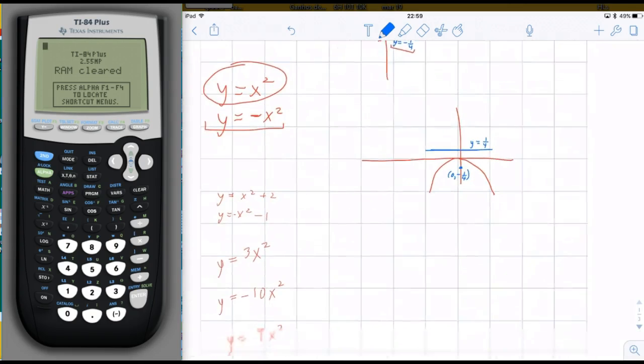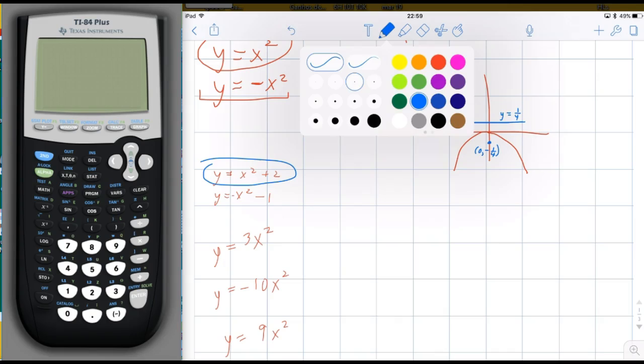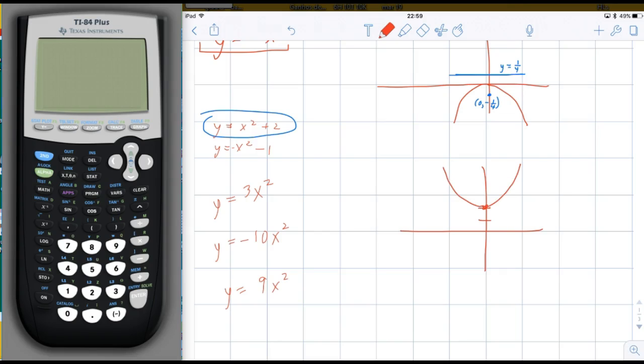All right? Okay, let's take another one that is not quite so easy. y equals x squared plus 2. Okay, so in this case what we have is the parent function, but it is translated up 2 units. So instead of crossing at 0, 0, the function crosses at 0, 2.